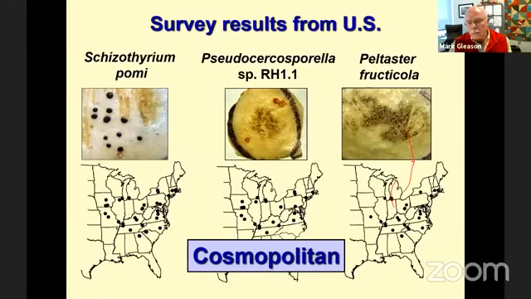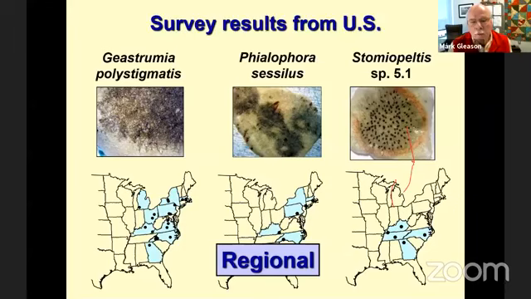But in contrast, there are other species that could be characterized as regional in their distribution. They were not located everywhere that we looked. Some of these, like Geastrumia polystigmatis, Phialophora sessilis, and Stomiopeltis sp. RS5.1, were restricted in their distribution, or regional. Some occurred only in the Southeast US, some only in the East, some not in the upper Midwest.